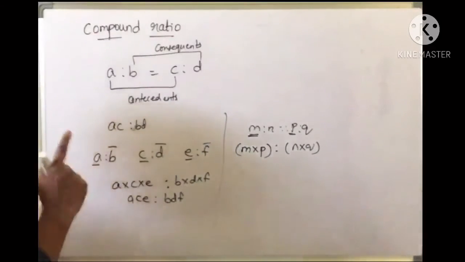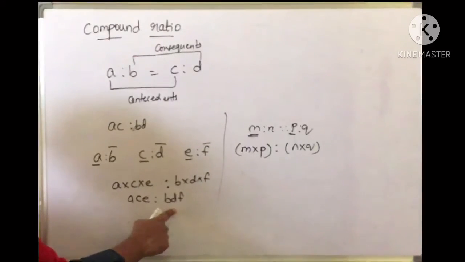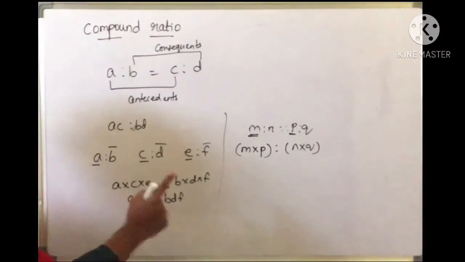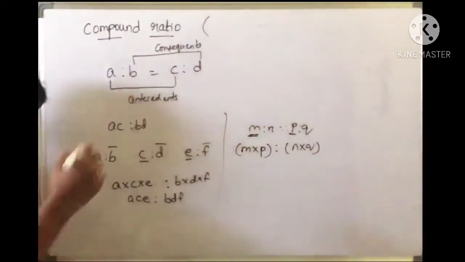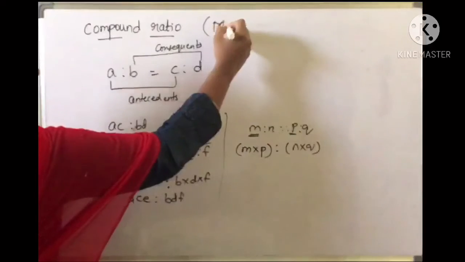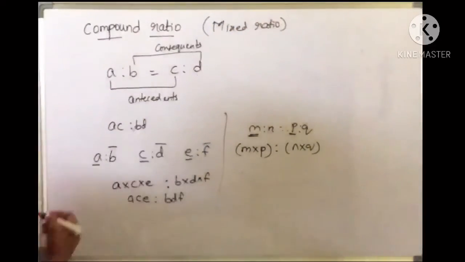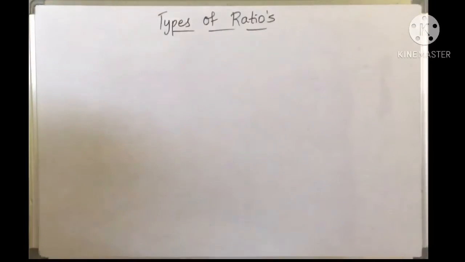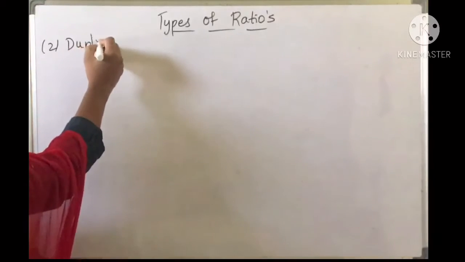Once again, if you take two or more ratios, with the antecedent as the product of antecedents and the consequent as the product of consequents, then the ratio is called the compound ratio. The other name of this compound ratio is mixed ratio.